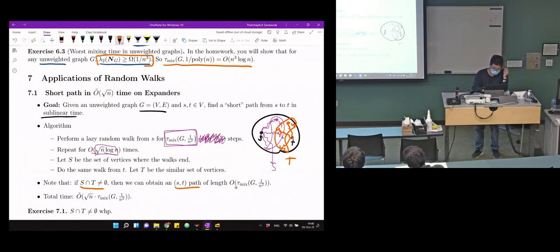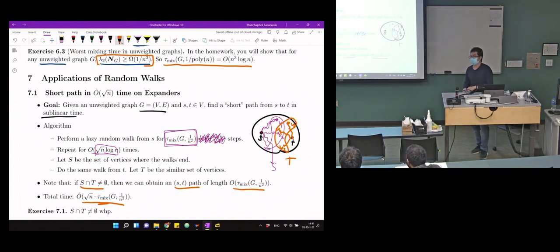We can get an S-T path of length something like 2 times the mixing time. And the total time to run this whole algorithm is just square root n times the mixing time.